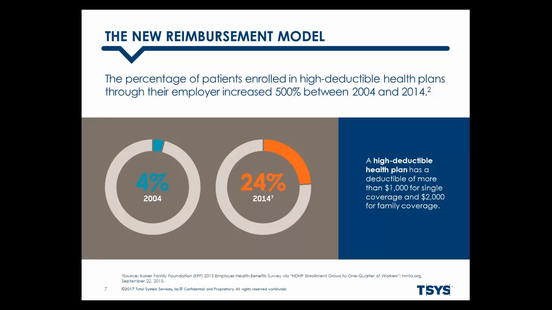So when you think about that, those 13 million consumers combined with the 25 to 30% of folks that are in a high deductible health plan today, a good chunk of patients walking through your doors today are going to have a deductible greater than $1,000. So that just creates a very unique challenge. Not only are you collecting the copay, you're collecting the co-insurance, but you've got to worry about the deductible amount that's coming in as well.